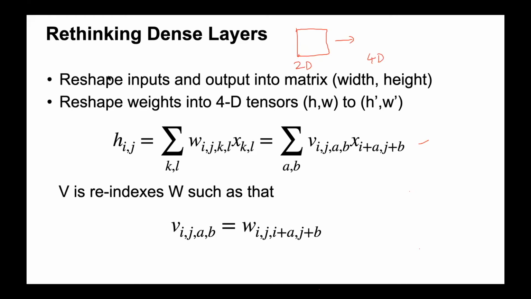Let's go with an easier example: 4 cross 4 can be converted into 2 cross 2 cross 2 cross 2. Why is this? Because the number of elements is the same. You're just reshaping the matrix. But why do we care about this reshaping?